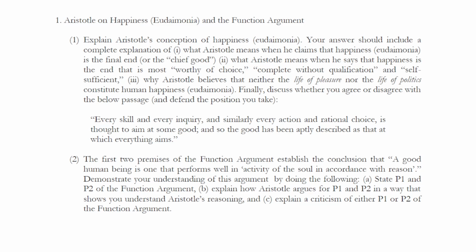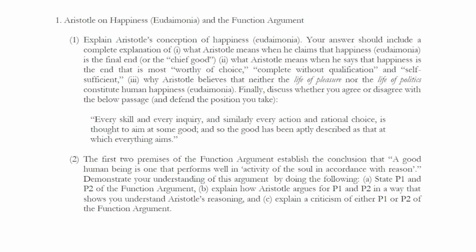Now, let's take a closer look at what is included within the essay prompts. The first sentence of Part 1 tells us that in this portion of the essay, you will be required to explain Aristotle's conception of happiness. Following this, the question tells you precisely what points you need to address in order to provide a complete explanation of that concept.